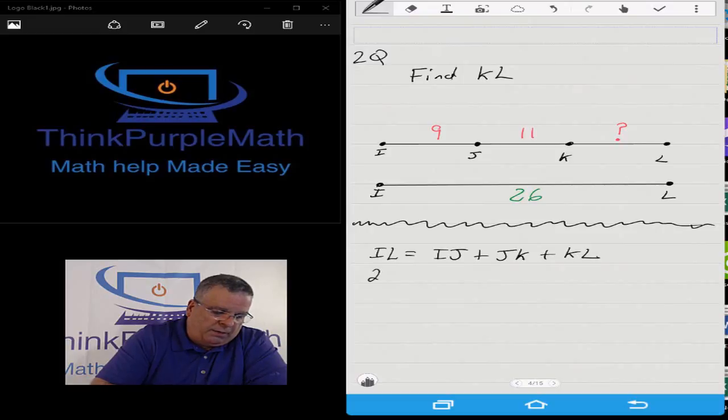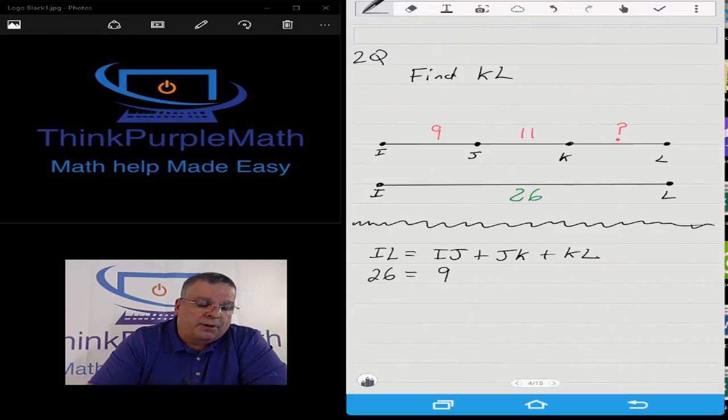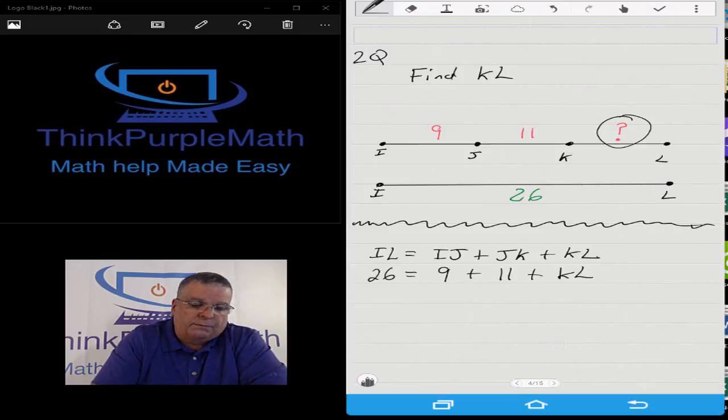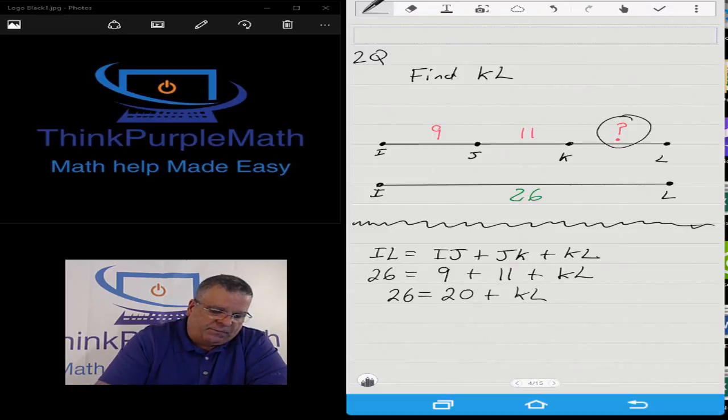All right, we'll plug in what we know: IL is 26. IJ is 9, located in red. JK is 11. We're looking for this piece, the question mark, KL, which we do not know. But we're going to find out here in a minute by doing some arithmetic. 9 and 11 would be 20, plus KL.